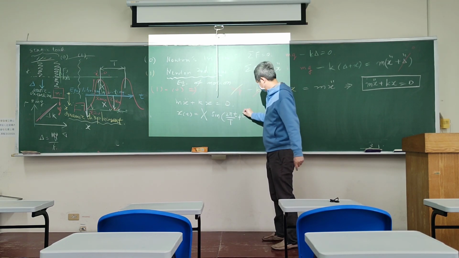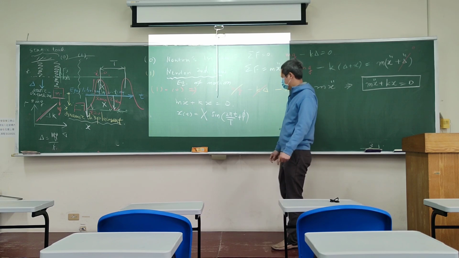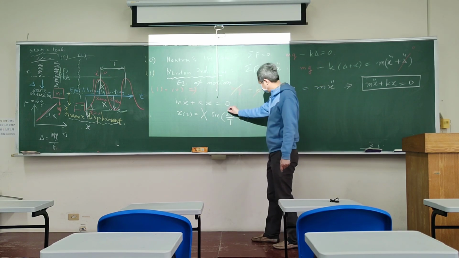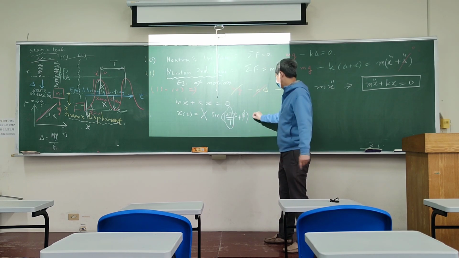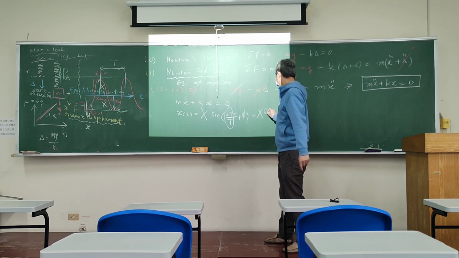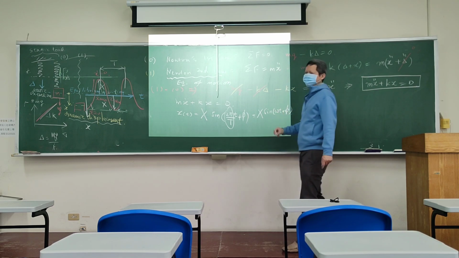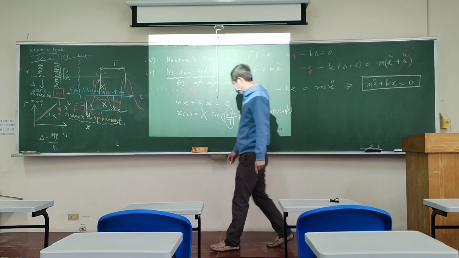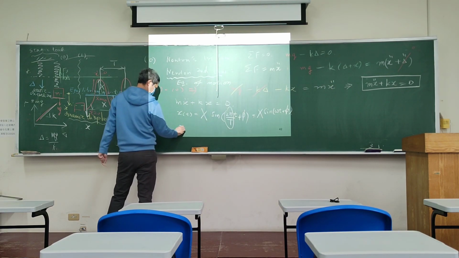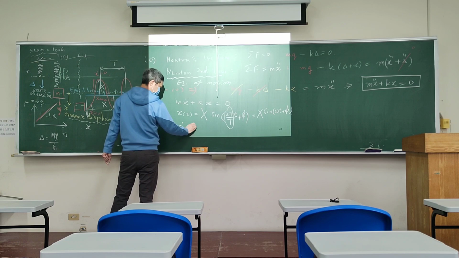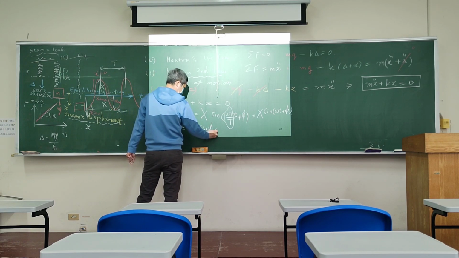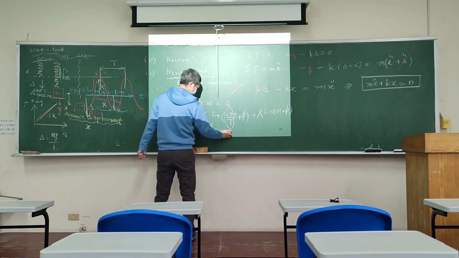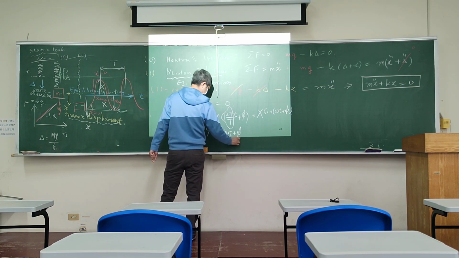Plus the phase. Okay? So for simplification, 2 pi over the period is defined as omega. The displacement is X sine omega t plus the phase. If you do time differentiation, you obtain the velocity, that is omega X cosine omega t plus the phase.